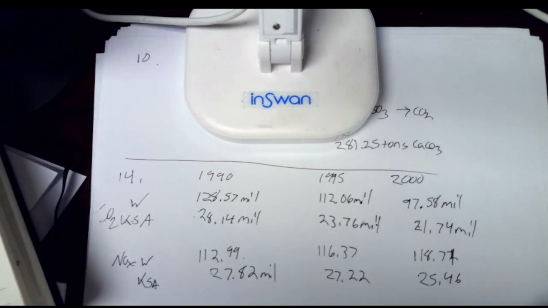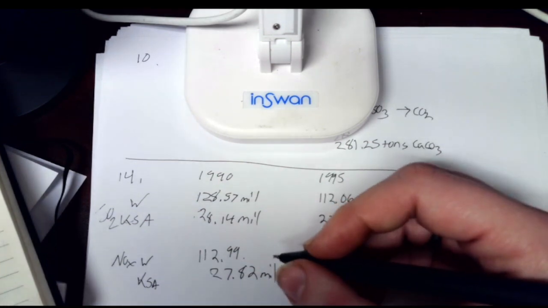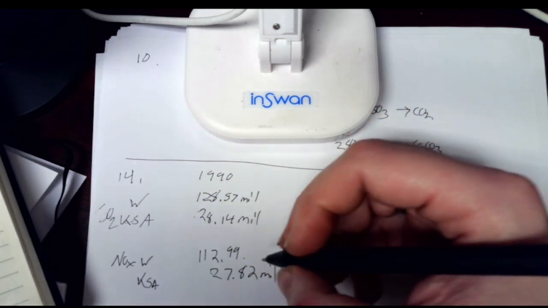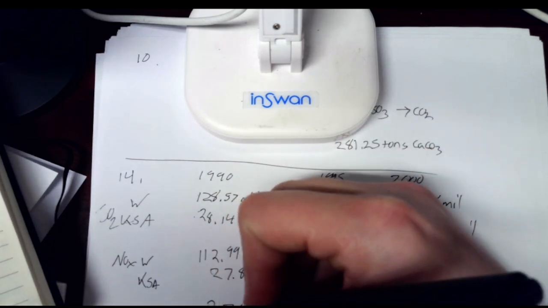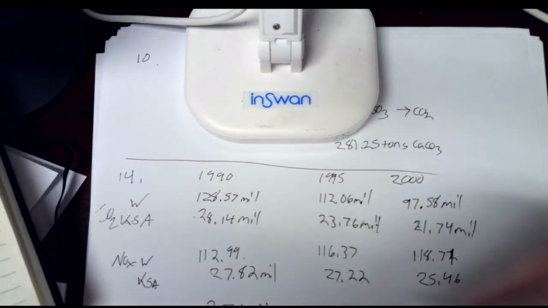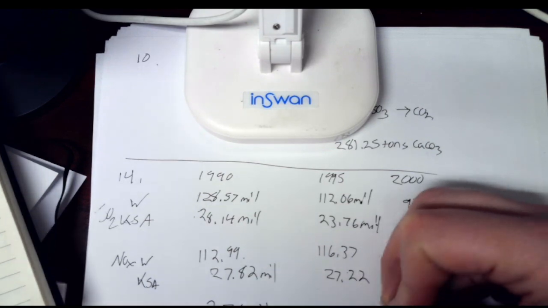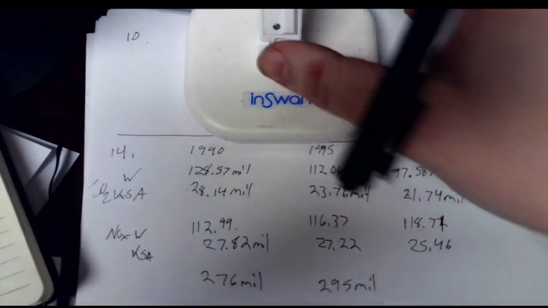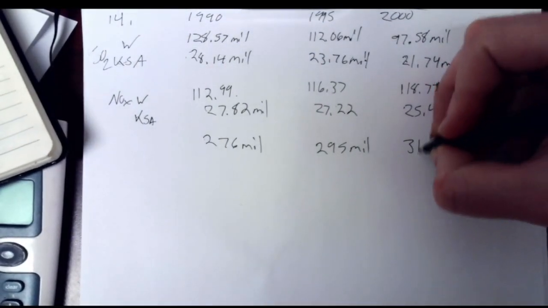But the population of North America is something like 276 million, and 295 million, and 313 million.